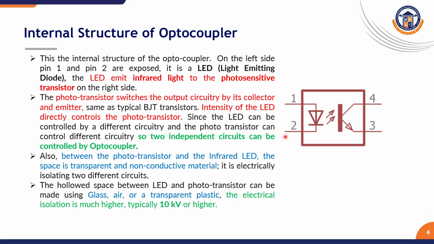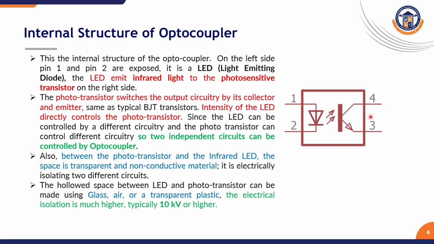When we look at the internal structure of the optocoupler, on the left hand side we have the infrared LED. The LED emits infrared light to the photosensitive transistor. It can also be a photodiode on the right hand side.